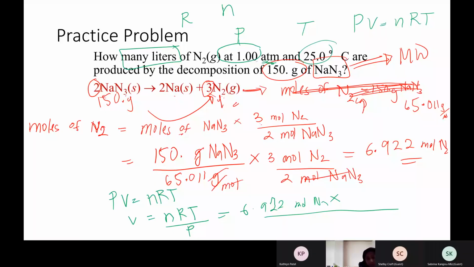And remember to change this temperature to Kelvin, and you will get the answer in liters for this question.